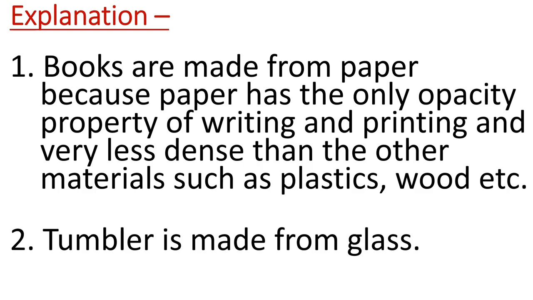Explanation. Number one, books are made from paper because paper has the opacity property needed for writing and printing and is very less dense than other materials such as plastics, wood, etc. Next, tumbler is made from glass.